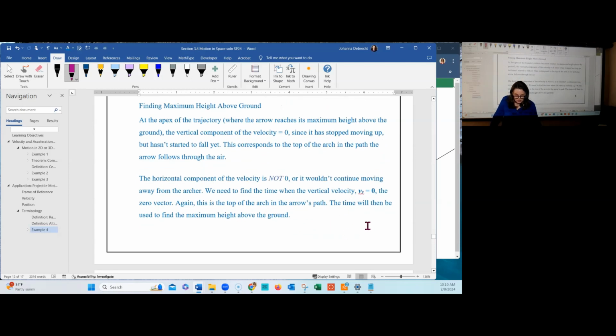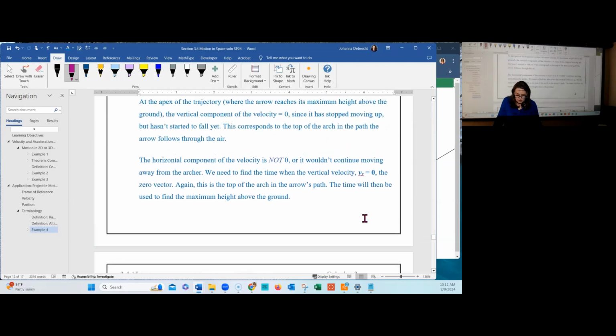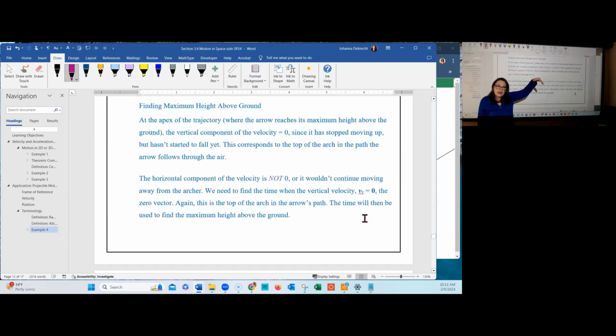The horizontal component of velocity is not 0, or it wouldn't keep traveling away from the archer. So it has both a vertical velocity, which is causing it to travel up before gravity causes it to fall down, and a horizontal component, which is pushing it away from the archer. So we want to find the altitude when the arrow reaches that apex.